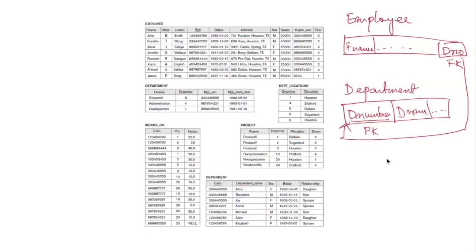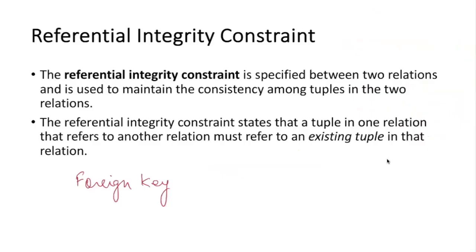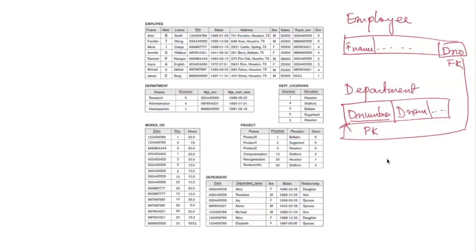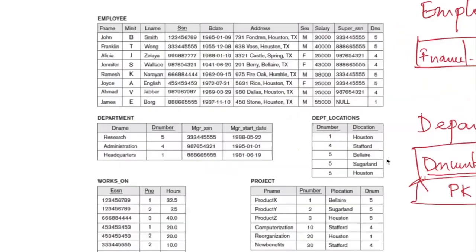Now, look at the data. What does the referential integrity constraint say again? It says that a tuple in one relation refers to another relation. Here, employee refers to the department relation. Let us pick any tuple from the employee relation.